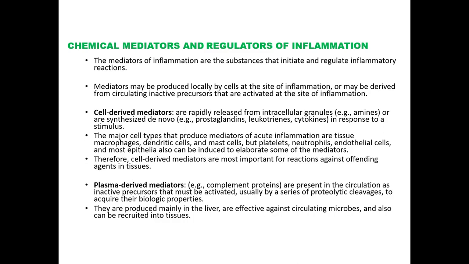These are the active components of the complement system. So they should be proteolyzed in order to be activated by proteolytic cleavage. The complement proteins are produced mainly in the liver, are effective against circulating microbes, and can also be recruited into the tissues.